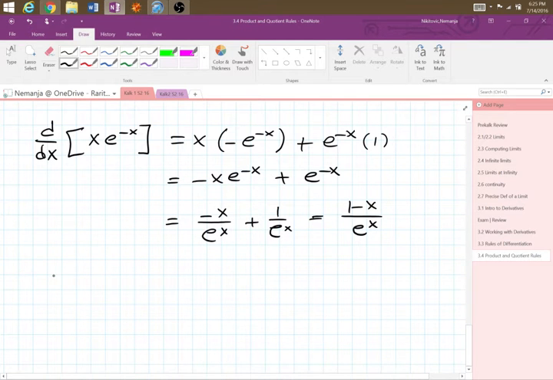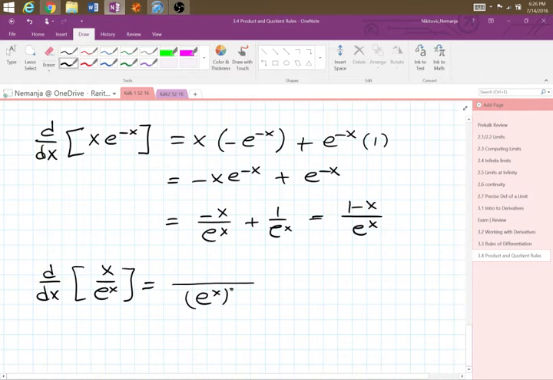Now I'm going to write the same problem as x over e to the x and use the quotient rule to solve it. So remember, we first square the denominator, and then we copy the denominator times the derivative of the numerator, minus copy the numerator, which is x, times the derivative of e to the x, which is e to the x.